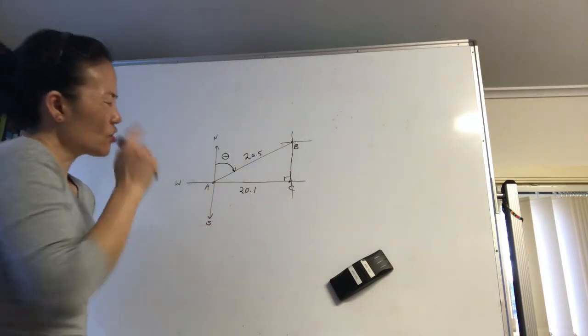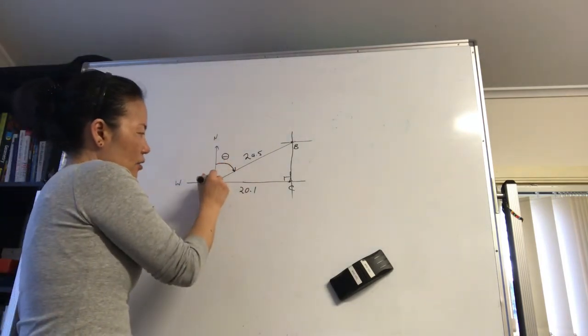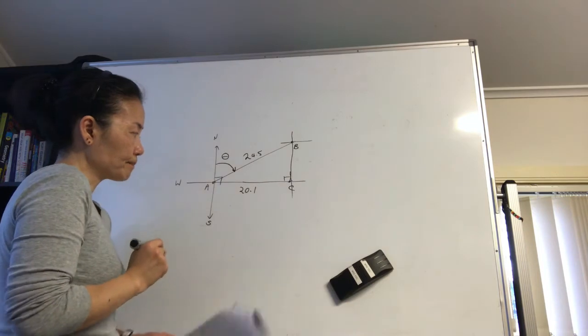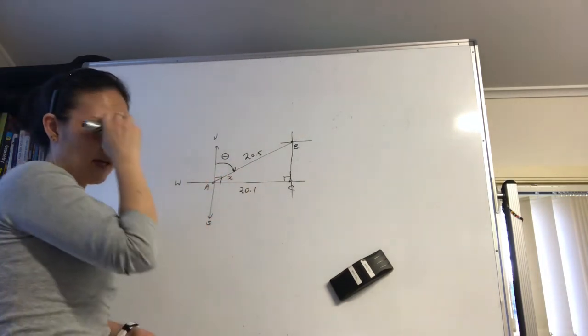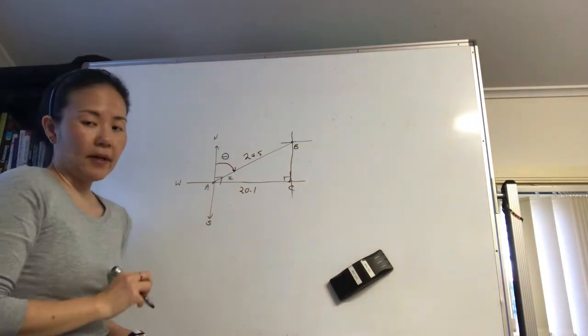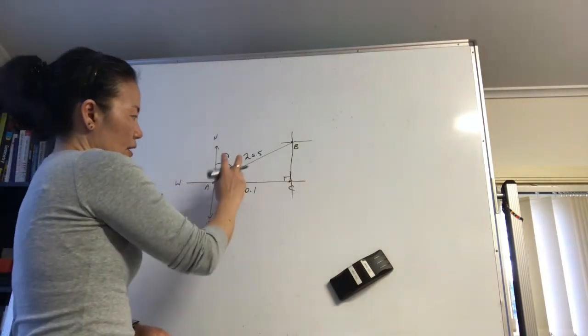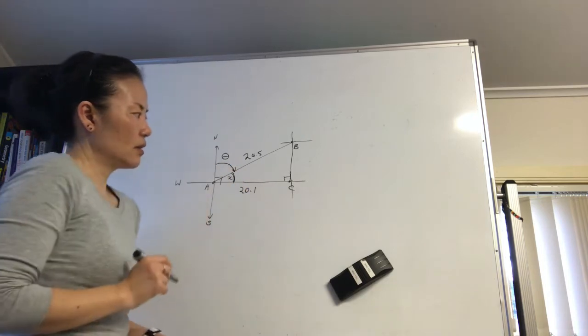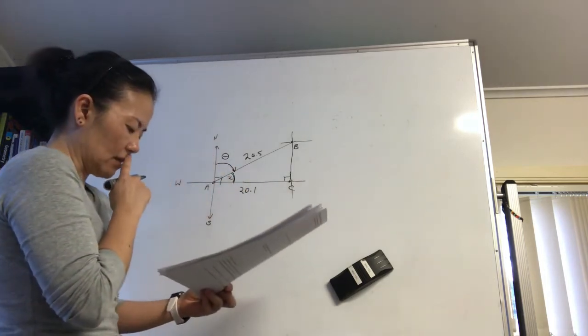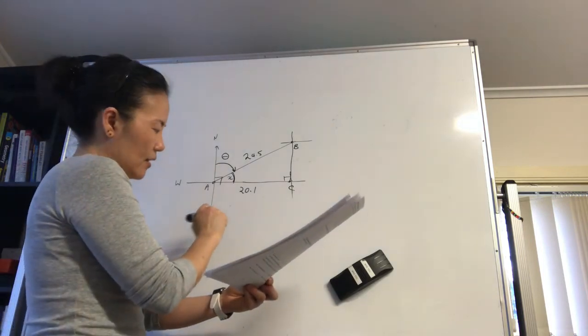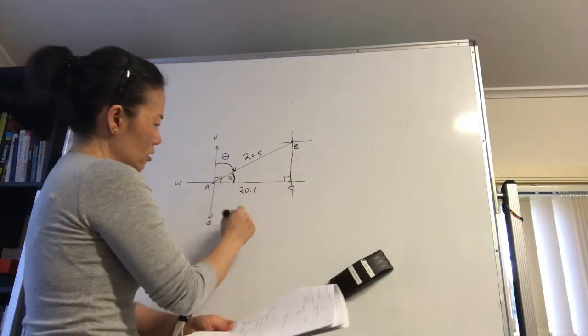Okay? So if I want to find that, I know that's going to be 90. So if I can find this angle x, I can do 90 take away x, which will give me the bearing. And I'm going to find this angle using, what is it? SOHCAHTOA? Yes. So I've got cos.